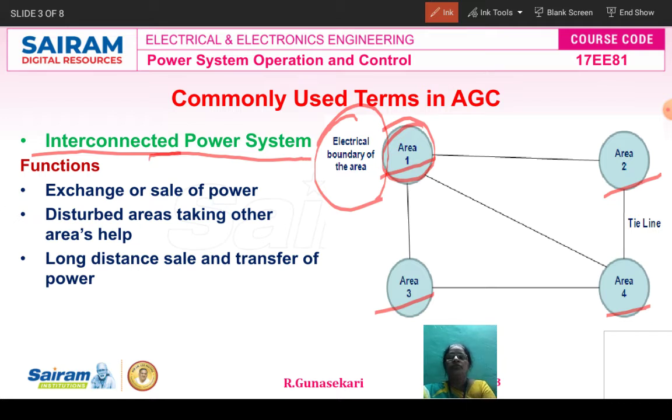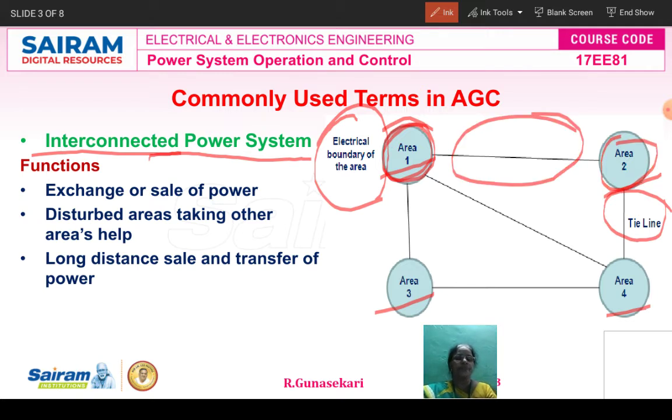So what is the function of the interconnected power system in automatic generation control? The first one is exchange or sale of power through the tie line. This is the tie line. For example, area 1 and 2 are interconnected.